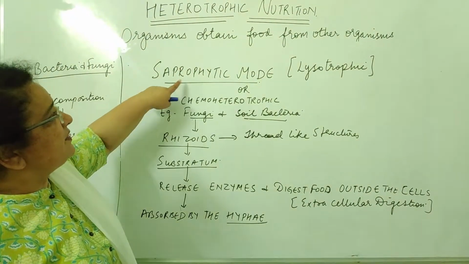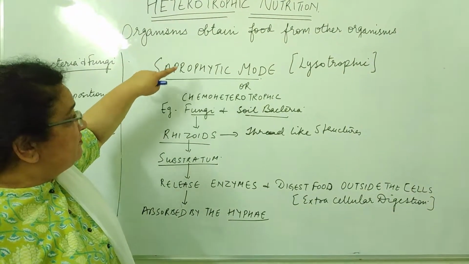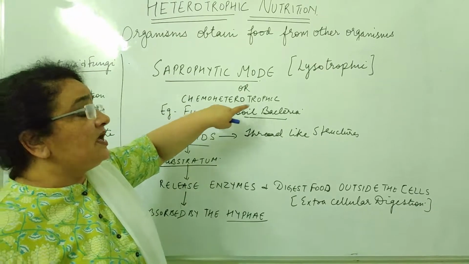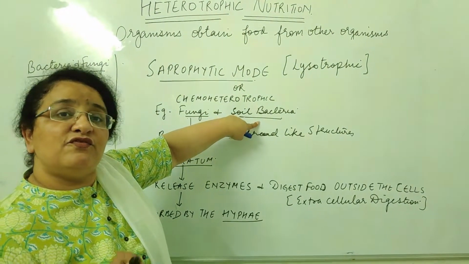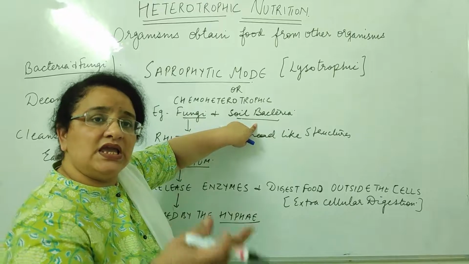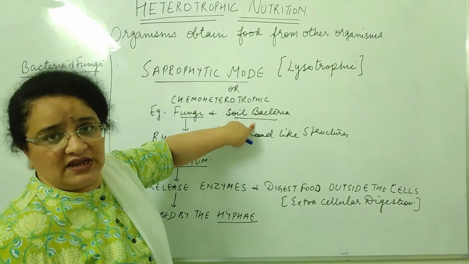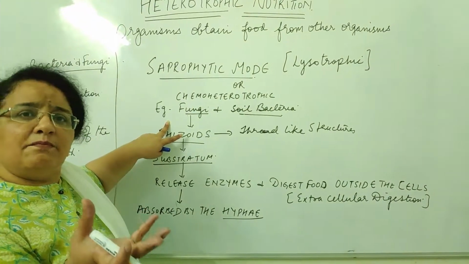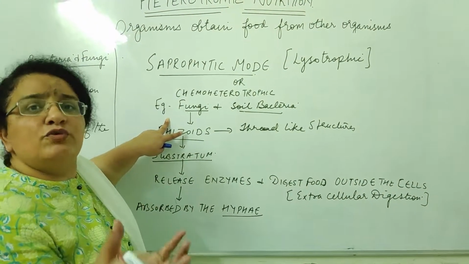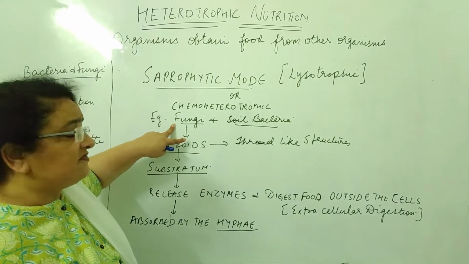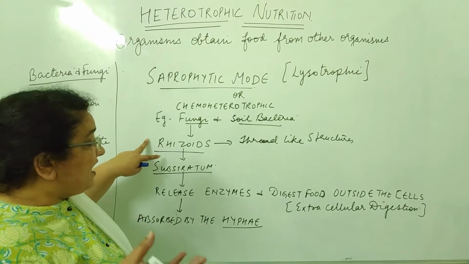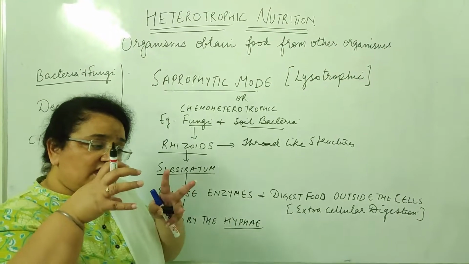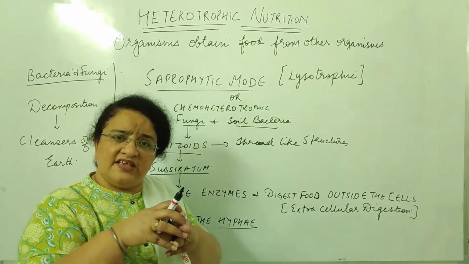As I told you, what is the saprophytic mode of nutrition? It is that in which organisms like fungi and bacteria obtain food from dead and decaying food or any decaying organic material. So, for example, if it is bread or any fruit, decaying food, what will these fungi do? They will penetrate their rhizoids, the small thread-like structures.